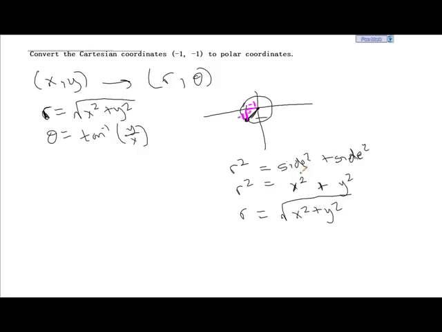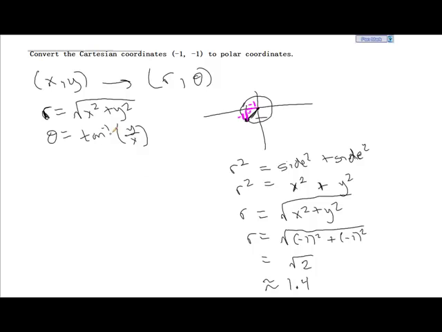It's not really that difficult to derive. You could just plug in the numbers as you go: the radius squared is -1 squared plus -1 squared. -1 squared is 1, -1 squared is 1, so we get the square root of 2, which is approximately 1.4. So that distance from the center to that point is 1.4 units.